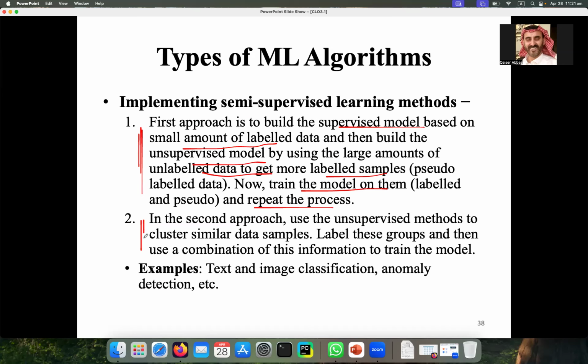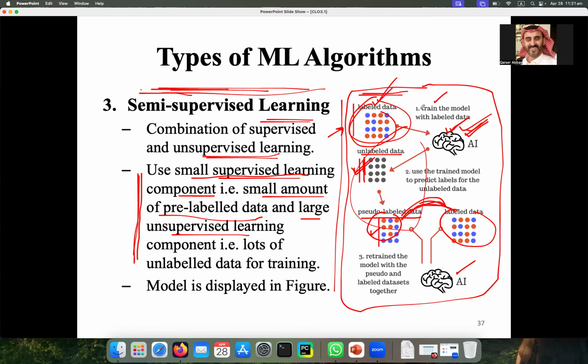Now look at the second approach. We will use an unsupervised method. Initially in the first approach we were using labeled data, which is supervised.